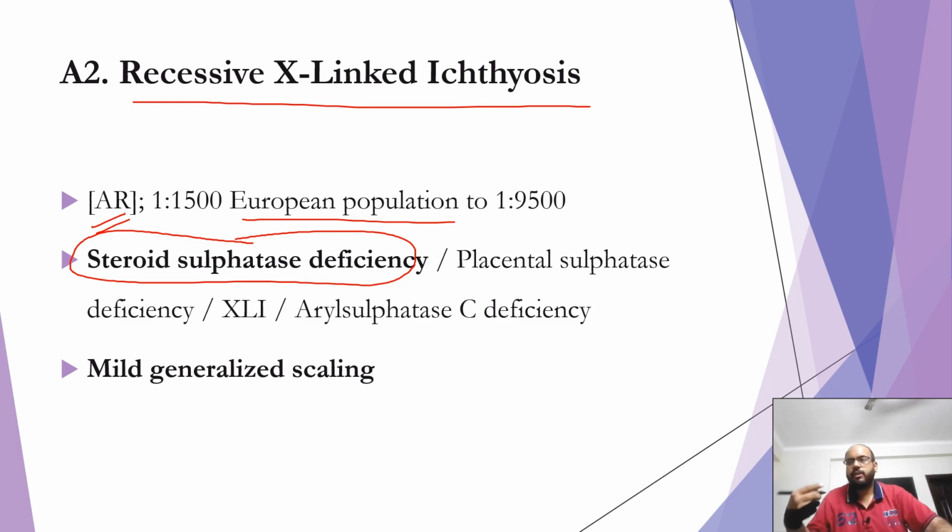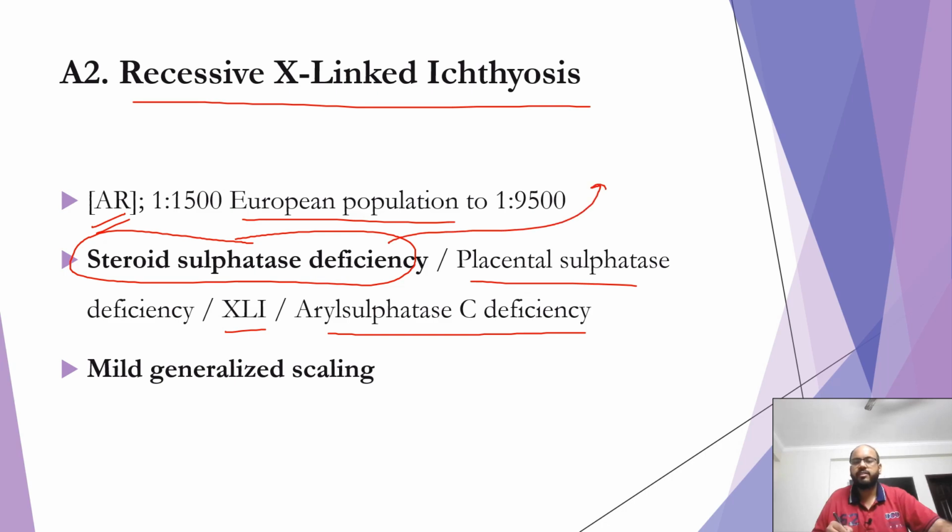That is the additional name for X-linked recessive ichthyosis: steroid sulfatase deficiency ichthyosis, also called placental sulfatase deficiency ichthyosis, X-linked ichthyosis or aryl sulfatase C deficiency ichthyosis. But you don't have to remember everything. Just remember that the mutation lies in the steroid sulfatase gene.